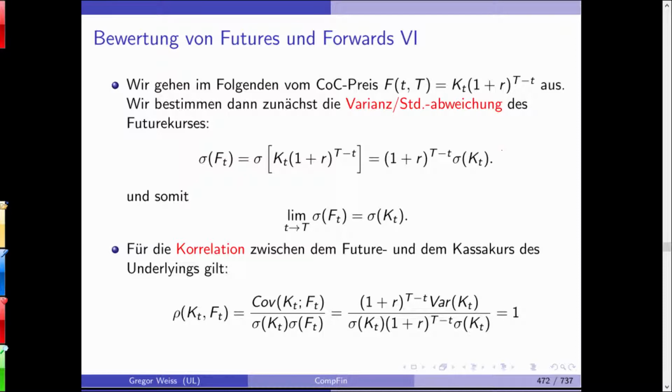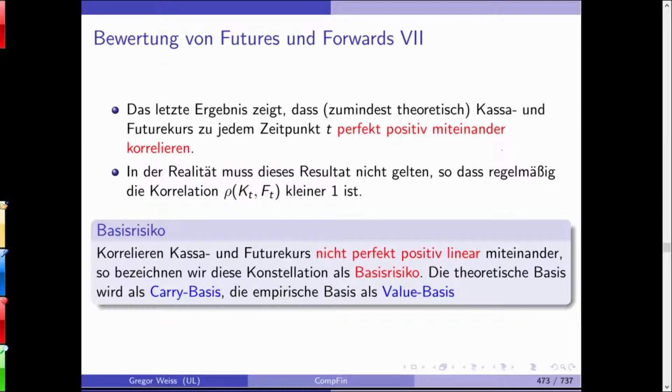Go long in the underlying, go short with the future, and we'll have perfect negative correlation. Underlying goes up €1, the future hedging instrument will go down €1, and they will cancel each other out. So you will have no variation.